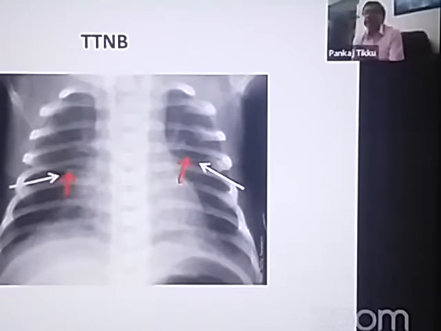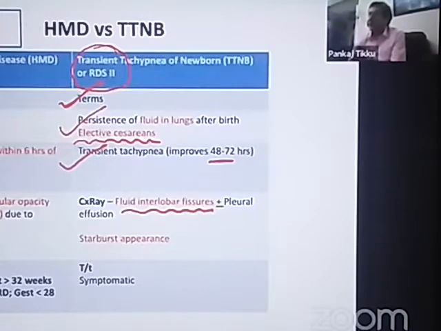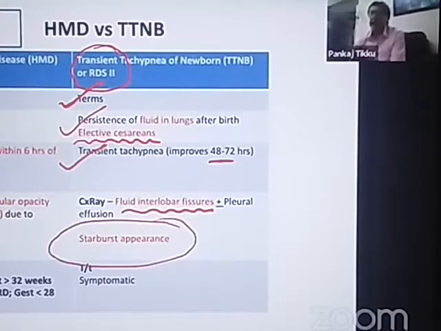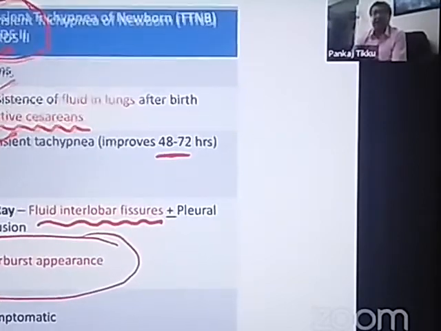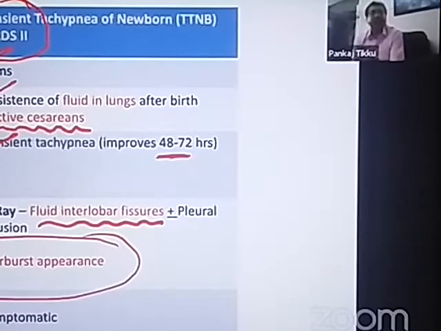Fluid in the interlobar fissures, or prominent interlobar fissures, with or without pleural effusion, is the classical X-ray finding in this condition. This is also sometimes referred to as the starburst appearance. What is its other name? It is also called the starburst appearance. What was the X-ray picture in a child of hyaline membrane disease?